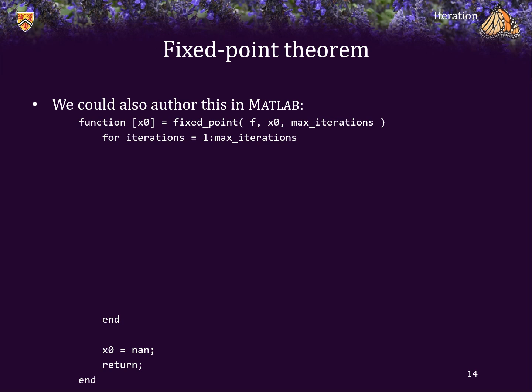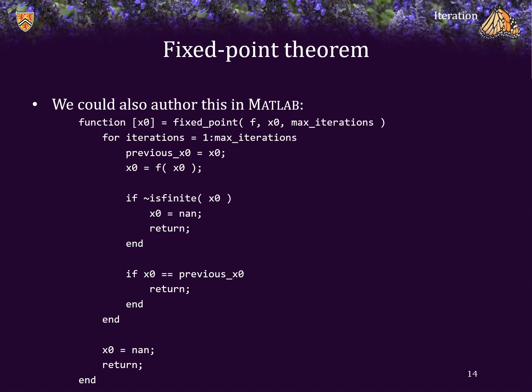Now, if it does not converge, we have to explicitly assign x naught the value not a number, and then we can return. However, inside the loop, we do as before, and now we are going to check. If x naught is not finite, then we set x naught equal to not a number and return.